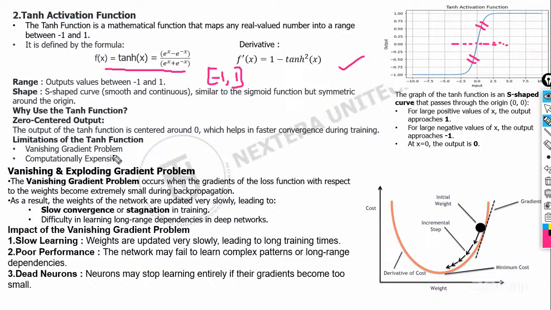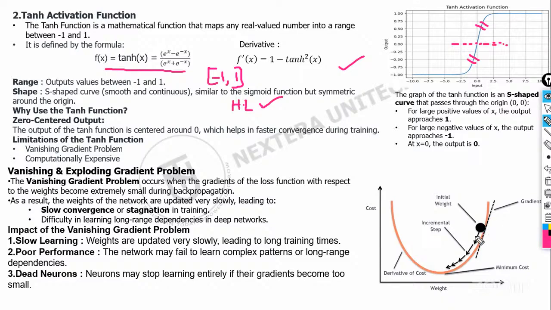Since it is centered at 0, I can use this tanh function as an activation function in my hidden layer neurons. Within the hidden layer, can I use tanh as an activation function? Yes. Why? Because it is zero-centered. Since it is zero-centered, it helps us converge fast. During the training process, the converging will be very fast.